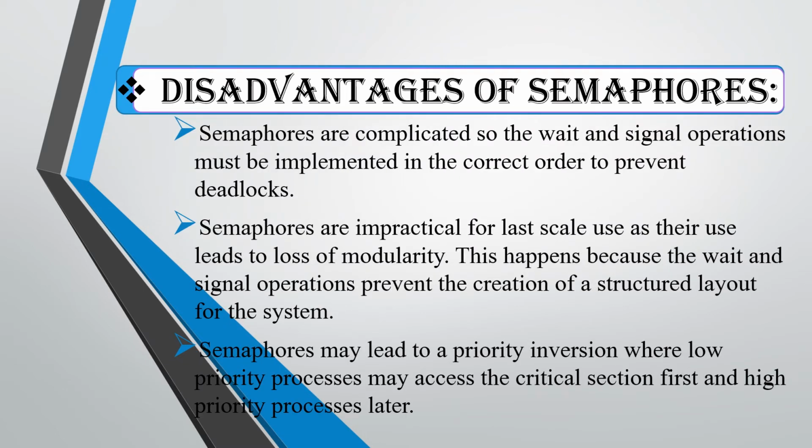Next we are going to learn about the disadvantages of semaphores. Semaphores are complicated, so the wait and signal operations must be implemented in the correct order to prevent deadlocks.